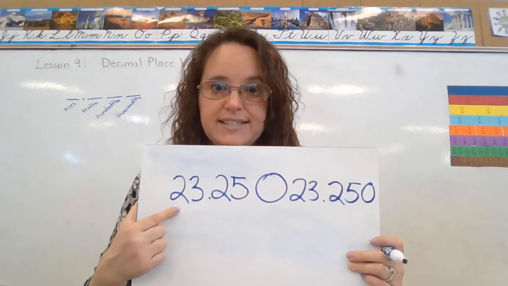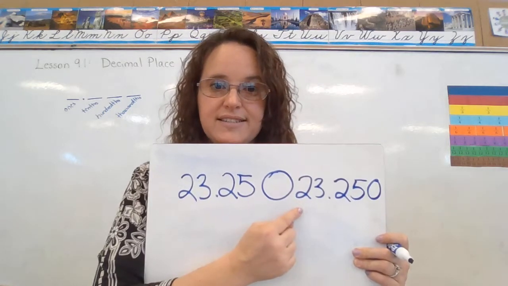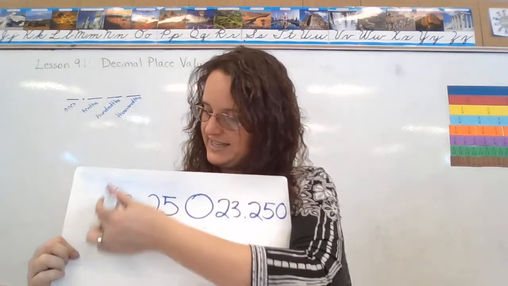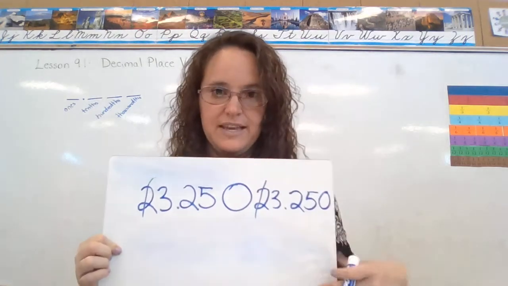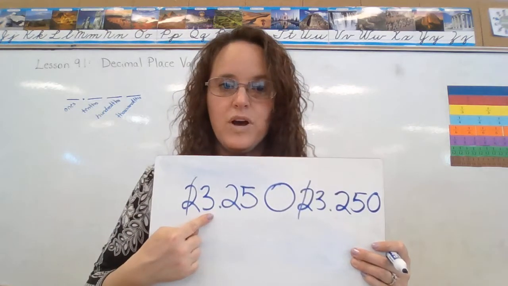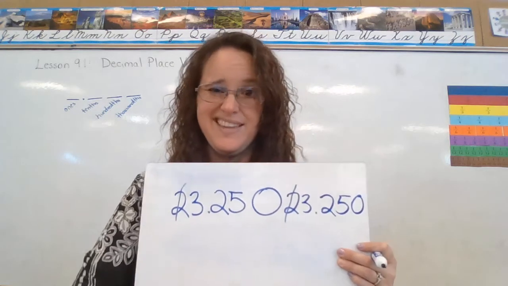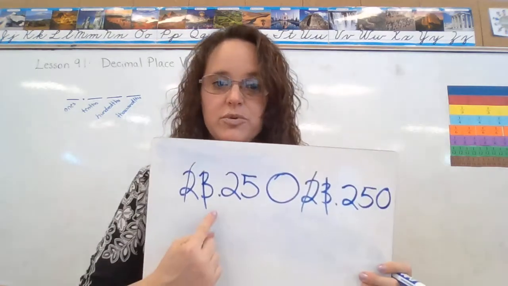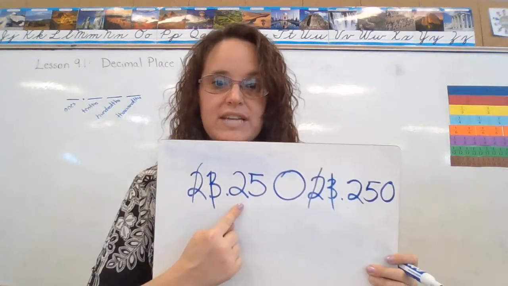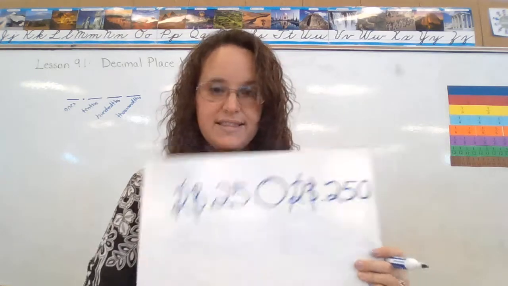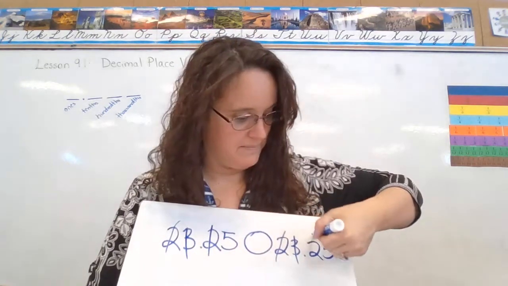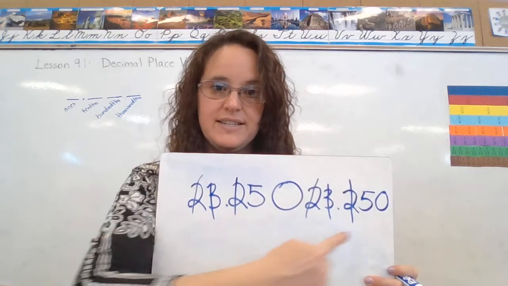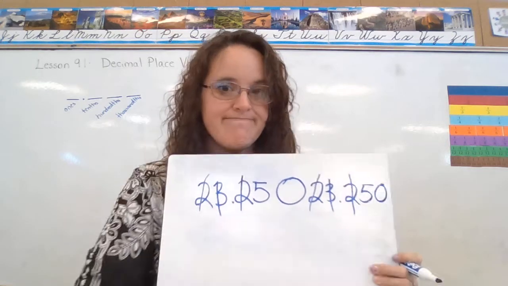In this case, tens, tens. Neither one of these numbers have 100. So we're just going to look at the tens. They're the same, so that doesn't really help us. Then we have ones, ones. Again, they're the same, 3 and 3. Okay, we're going to move on to our tenths. 2 tenths, 2 tenths. They're the same. Moving on to hundredths, 5 hundredths, 5 hundredths.